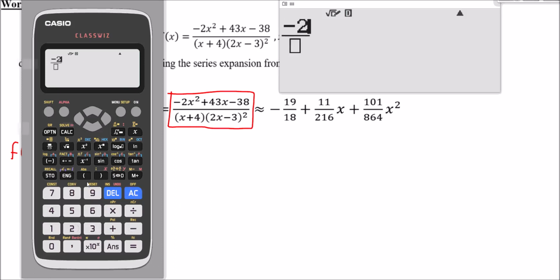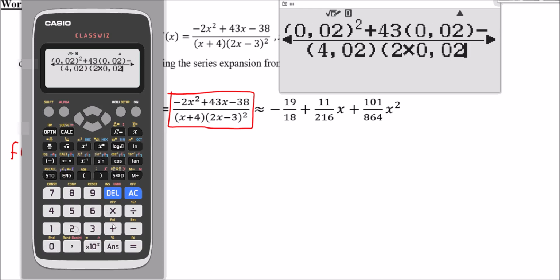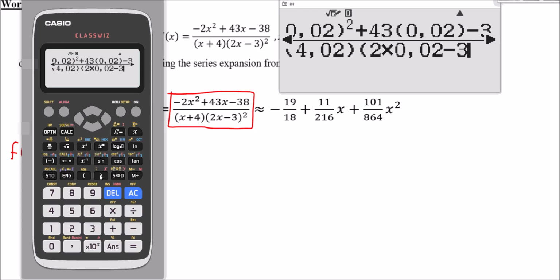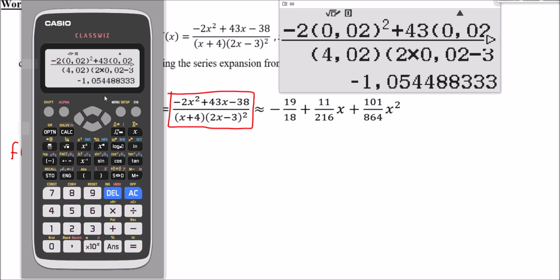So -2 lots of 0.02 squared plus 43 lots of 0.02 minus 38, all of which divided by 4.02, then 2 times 0.02 minus 3 squared. You should get minus 1.054488333.